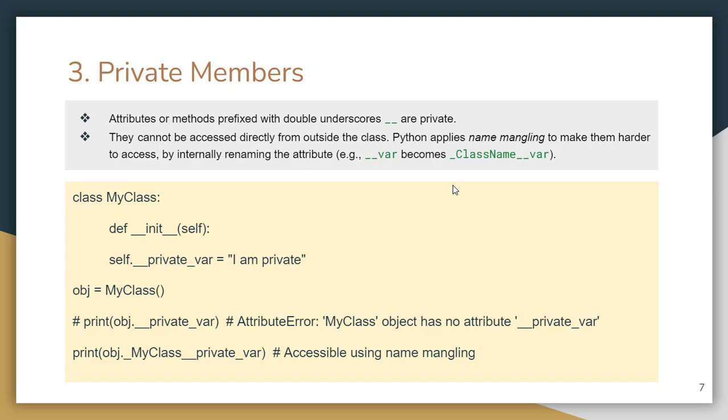You can see an error like this. We can access the value in this way, not like obj.__private_var above. We can access this value using print(obj._MyClass__private_var).